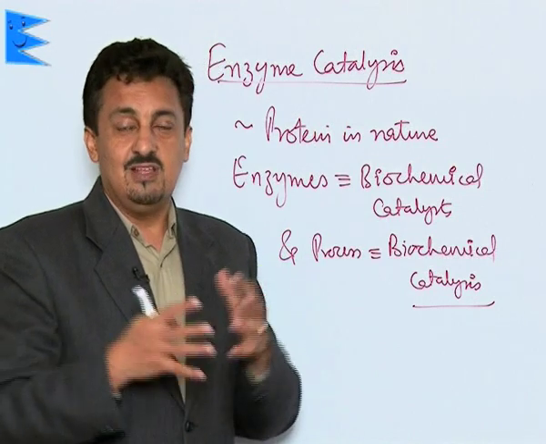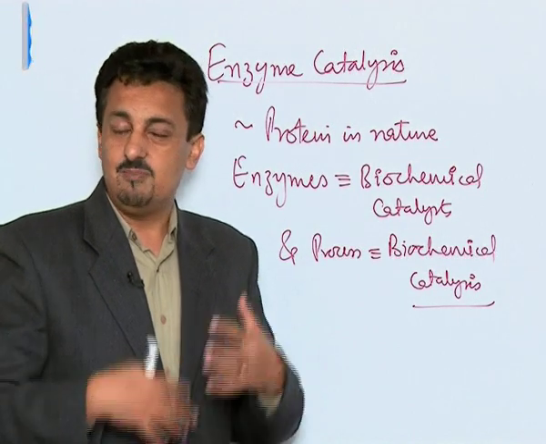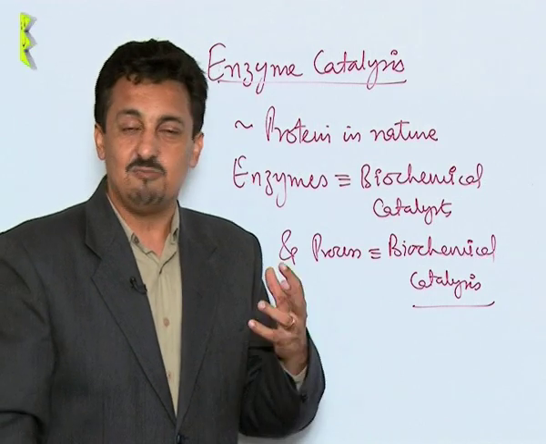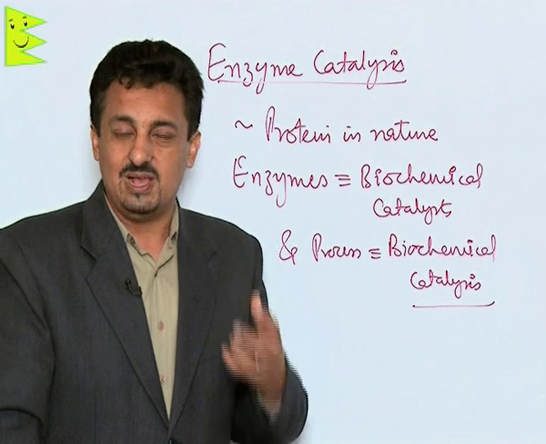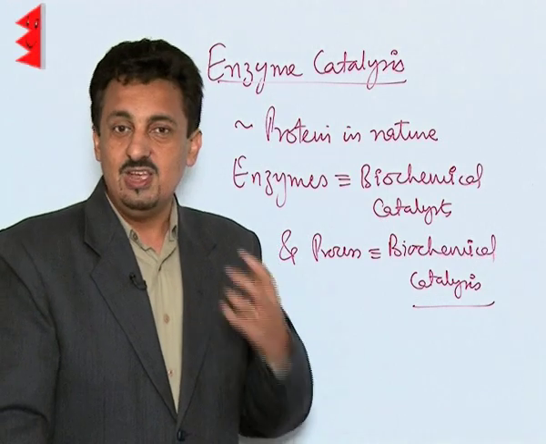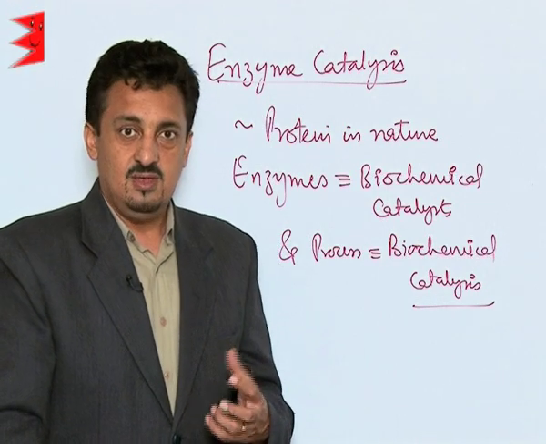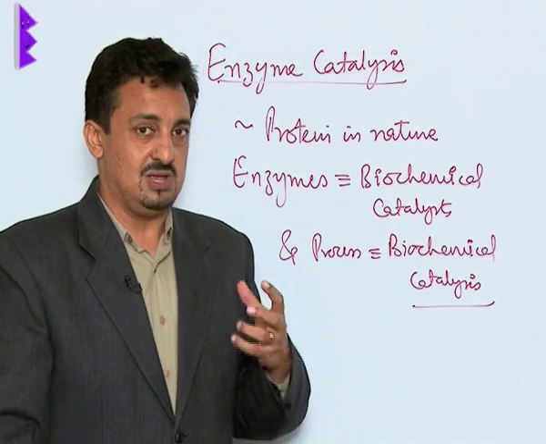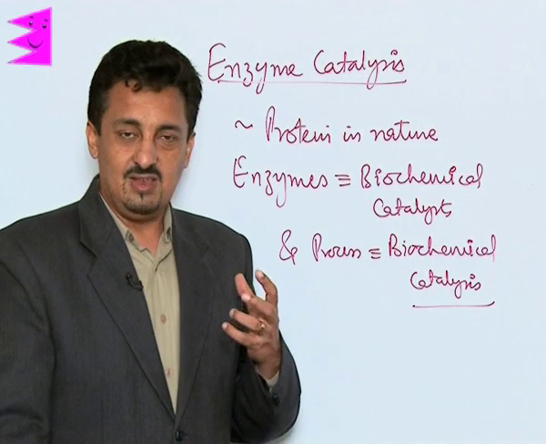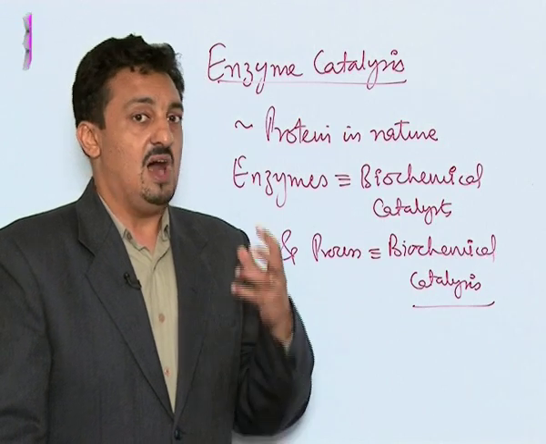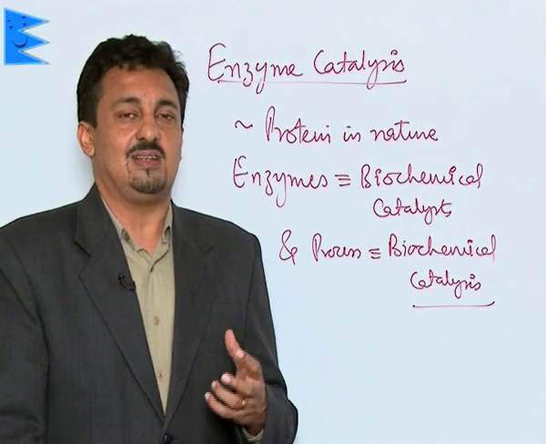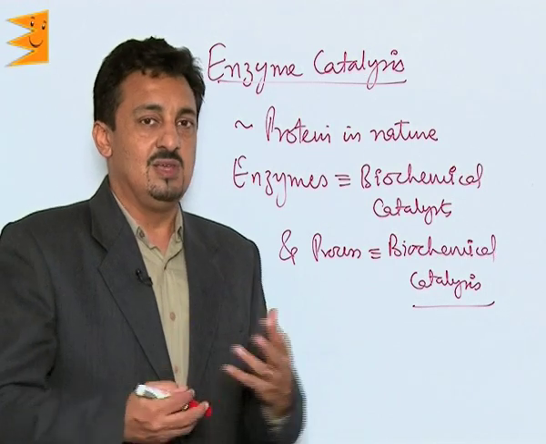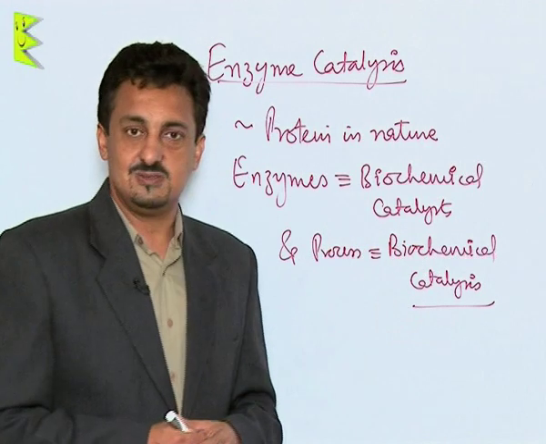We have millions and millions of reactions taking place in our body and in the bodies of plants and animals. All these reactions are catalyzed by these nitrogenous complex organic molecules which are proteinous in nature. That is why these molecules, having nitrogen as the main constituent, are called biochemical catalysts, because they are catalyzing biochemical reactions, and this phenomenon is called biochemical catalysis.